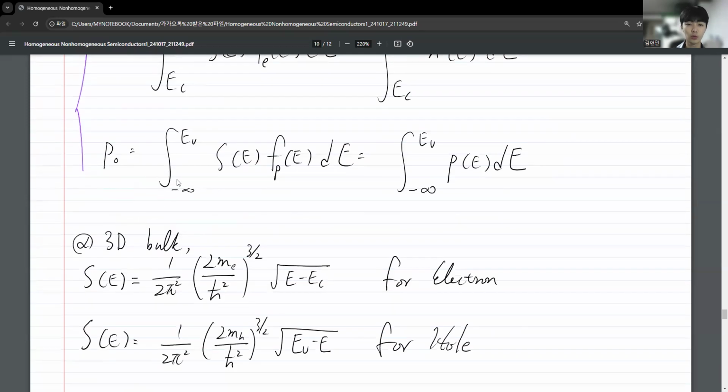The hole concentration equals the integral from minus infinity to the valence band of the density of states times the hole Fermi-Dirac distribution dE, so the integral of the hole distribution dE.